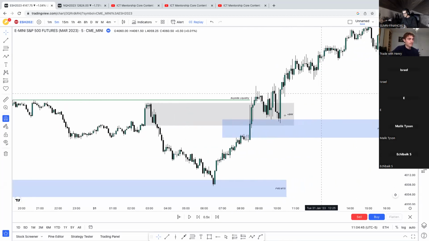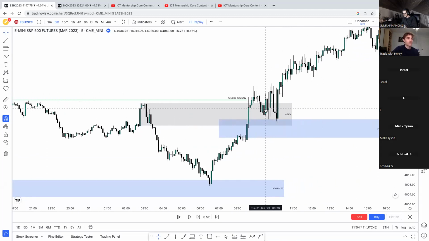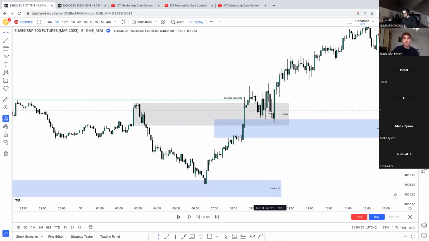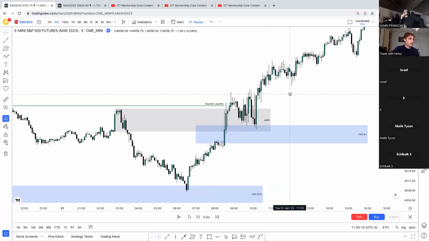And so even if you see a short setup occur inside of here, it's going to be a lower probability setup because the narrative is bullish and we're inside a bullish PD array. So you would either want to avoid that trade entirely or understand that the time frame for it to play out is short. You may want to treat that trade as a scalp if you're going to be taking it.